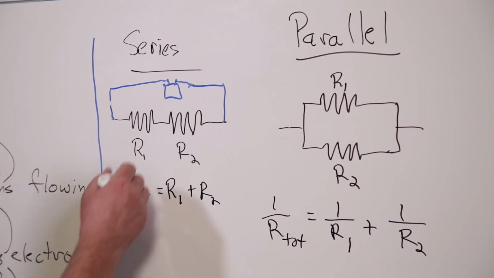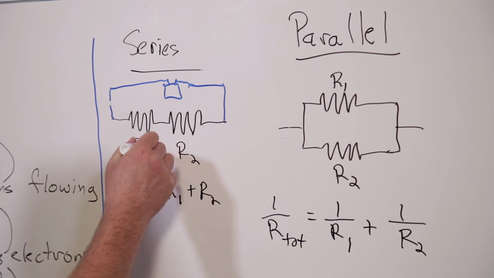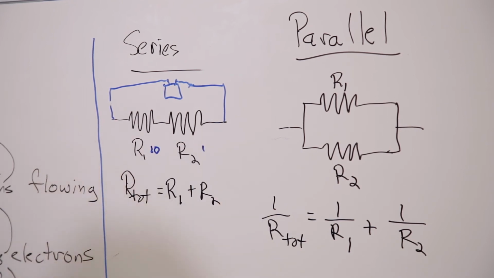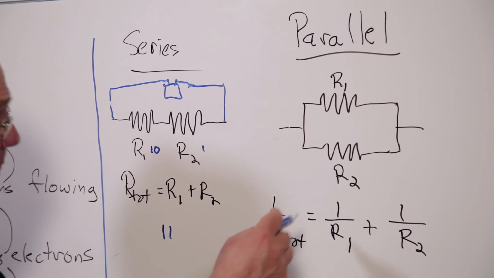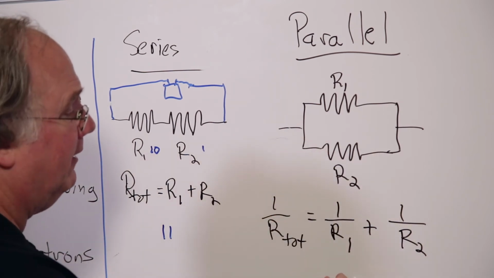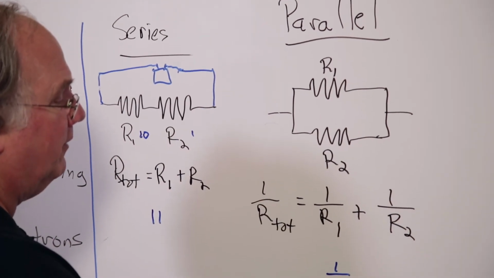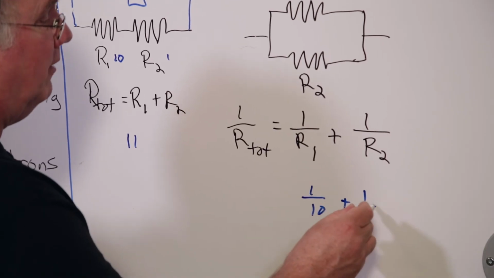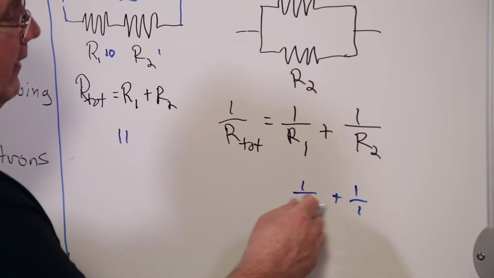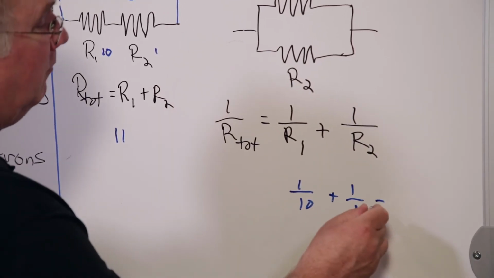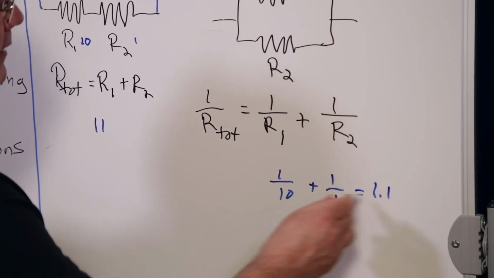If you have, say, 10 ohms for R1 and 1 ohm for R2, then a series connection gives you a total of 11 ohms. And what you get for a parallel connection is 1 over 10 plus 1 over 1. That's equal to 1.1.